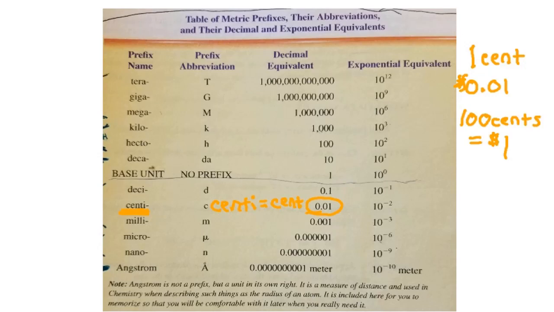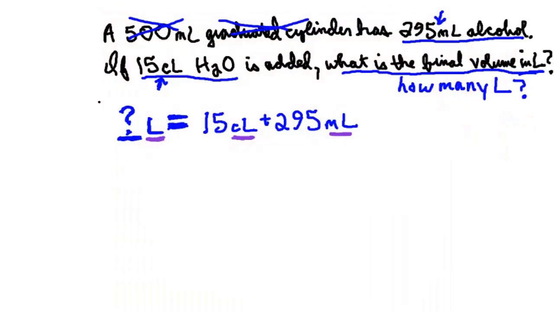So let's go back to our problem here. So we know that 100 centiliters is going to equal 1 liter because the centiliters are a lot smaller than the liter. Okay, now we also have this milliliter right here, and we need to change that milliliter into liters.